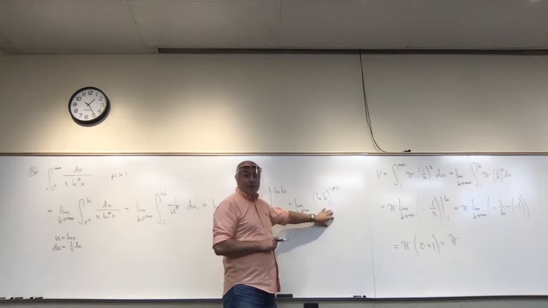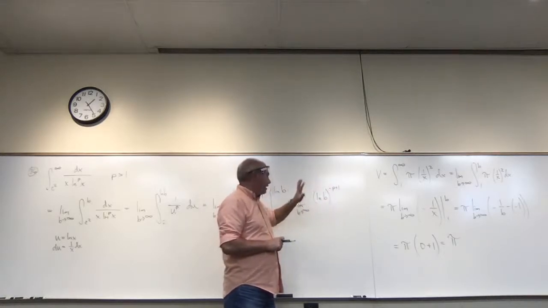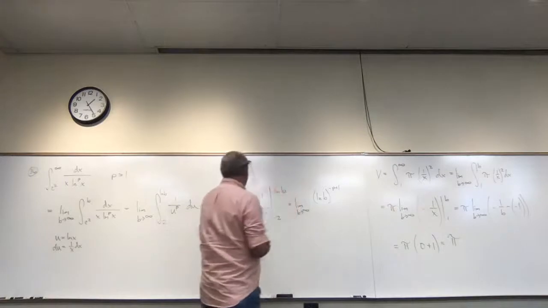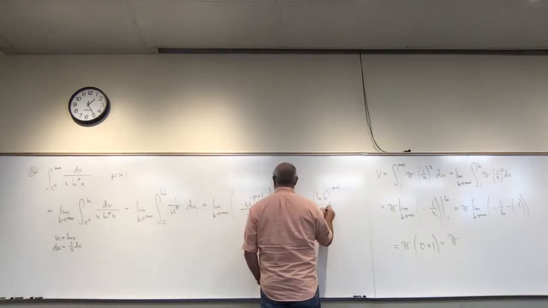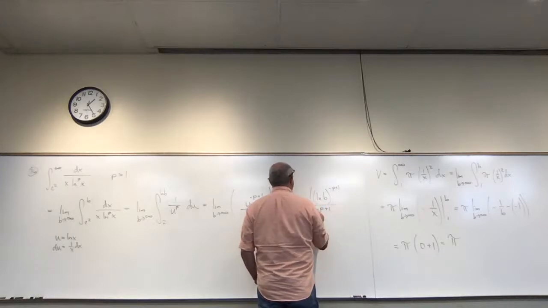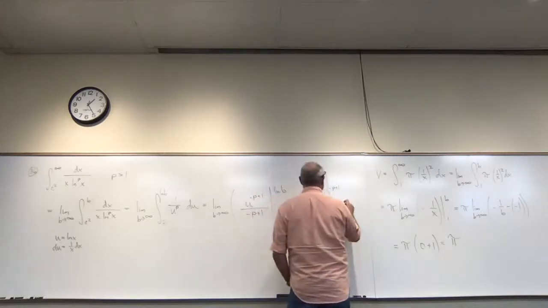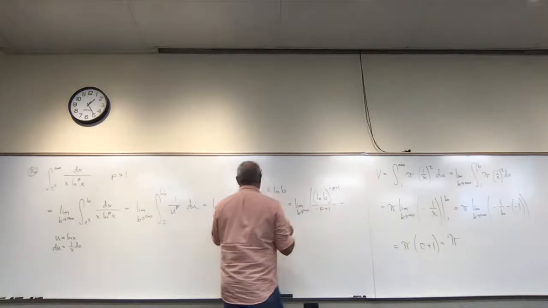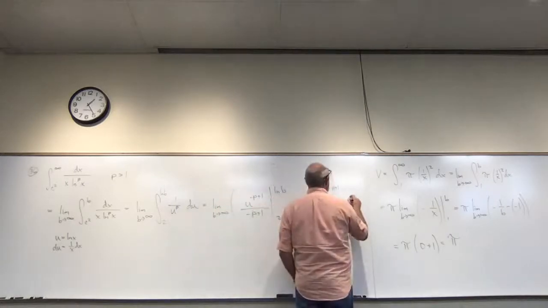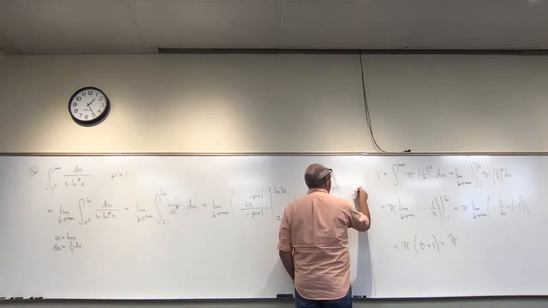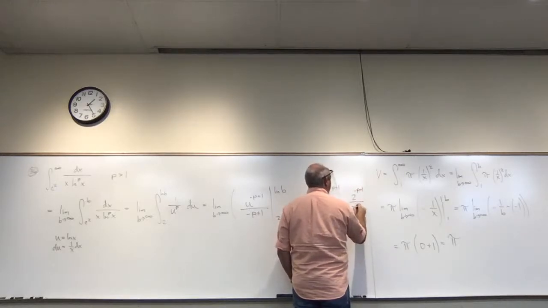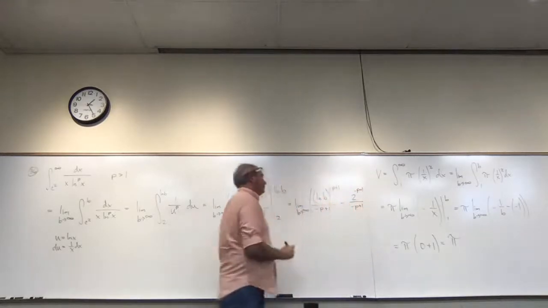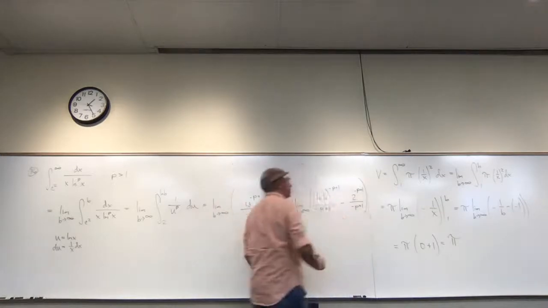And maybe we should be writing it that way, but for right now, let's just leave it as is. And then on the bottom, I get divided by negative p plus 1. And then I plug in the 2, and I get minus 2 to the negative p plus 1 over negative p plus 1. Close parenthesis.